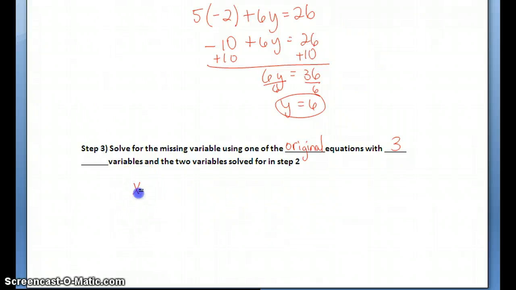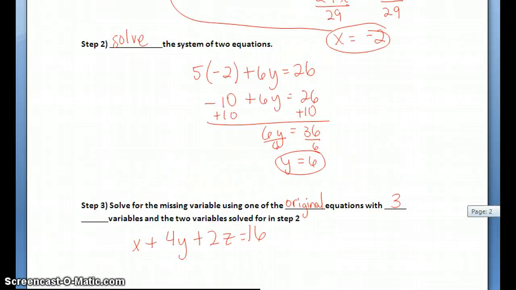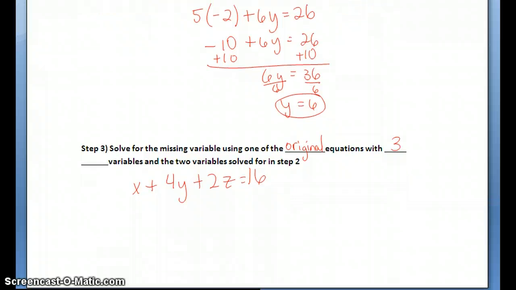So let's choose the one that seems the easiest maybe. And that's the very last one. I'm going to plug in my x value, which is negative 2, and my y value, which is 6, for each of those variables. And I'm solving this for z.